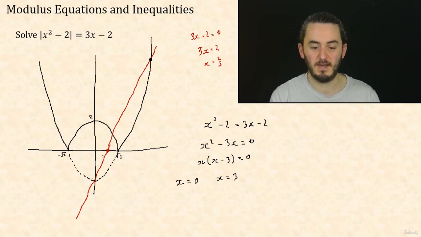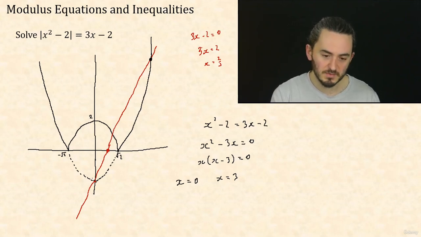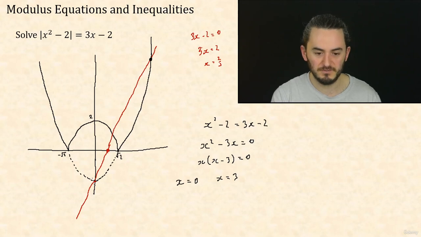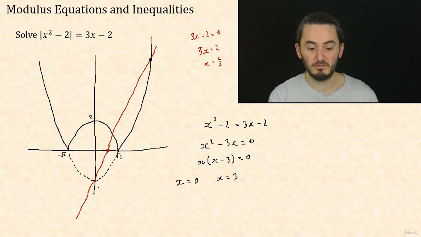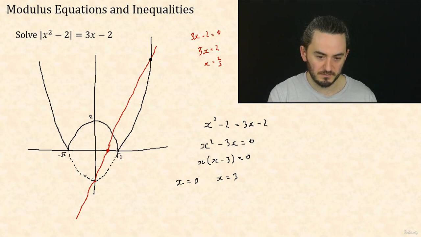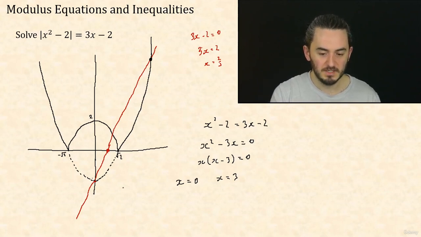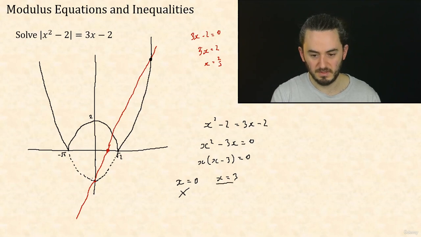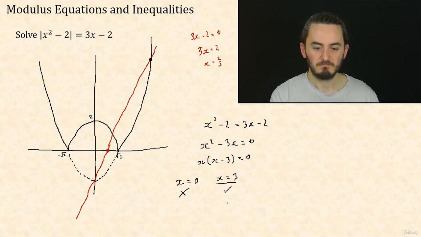It's just not part of our modulus graph. So I sometimes call this a ghost solution or phantom solution. It's not really a solution of our equation. It's just appeared because there's still this ghost of the original function there. So that is not one of your solutions, but that is.